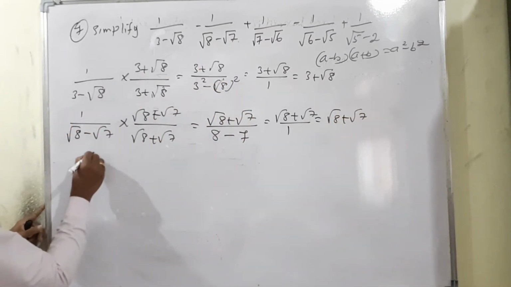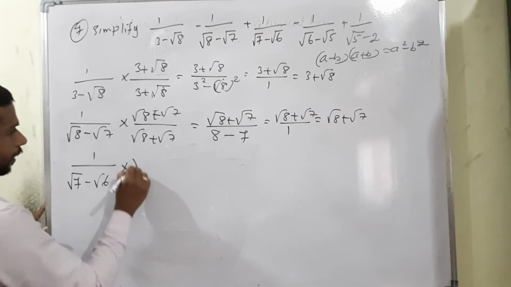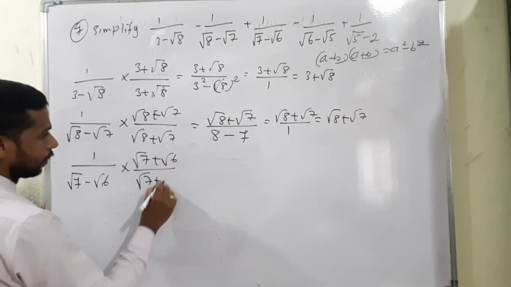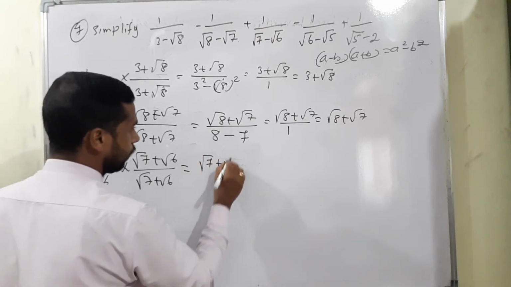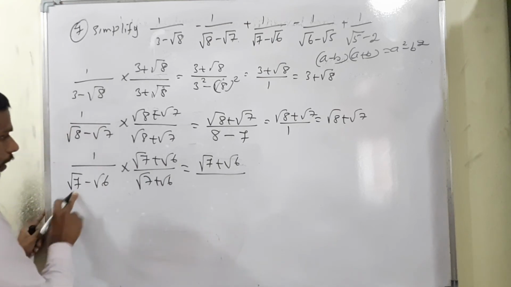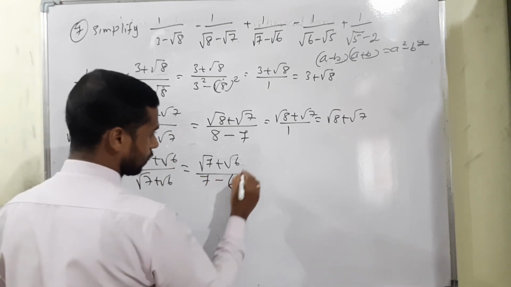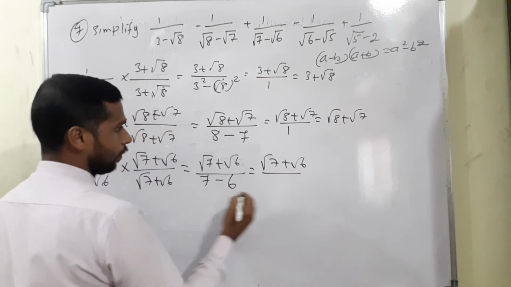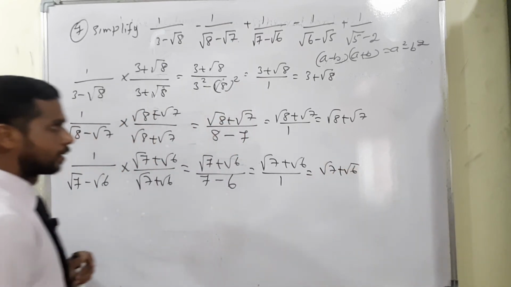Third one, 1 by root 7 minus root 6. Again rationalize: root 7 plus root 6 divided by root 7 plus root 6. Again a square minus b square. Root 7 the whole square means 7, minus root 6 the whole square means 6. Therefore, root 7 plus root 6 divided by 7 minus 6 is equal to 1. The answer will be root 7 plus root 6.